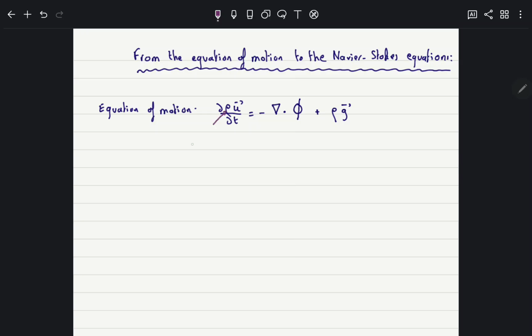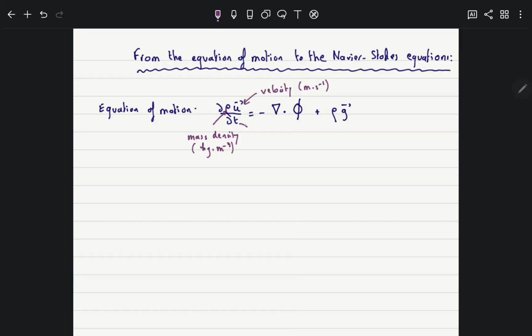So rho here represents our mass density, and that's in kilogram per cubic meter. U will be our velocity vector. So each of these components is going to be expressed in meter per second.